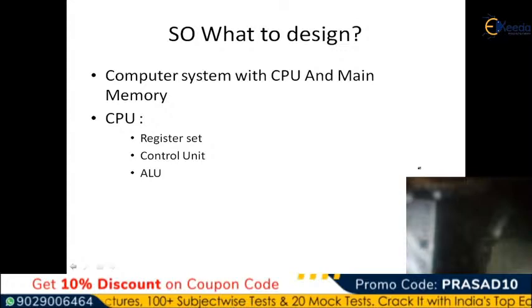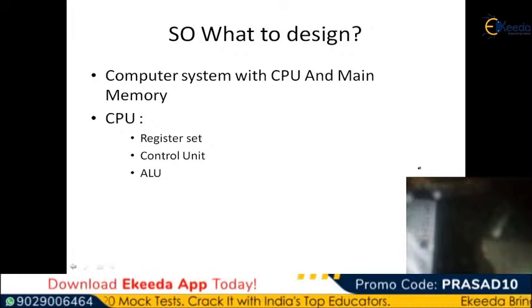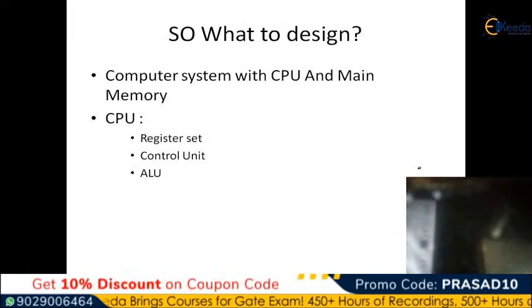And then we start with the CPU, because you know that the CPU is the heart, right? The CPU is going to execute the programs. So first we are going to design the CPU, followed by the memory. But when you talk about a CPU, is the CPU a single entity? No, CPU cannot be a single entity.